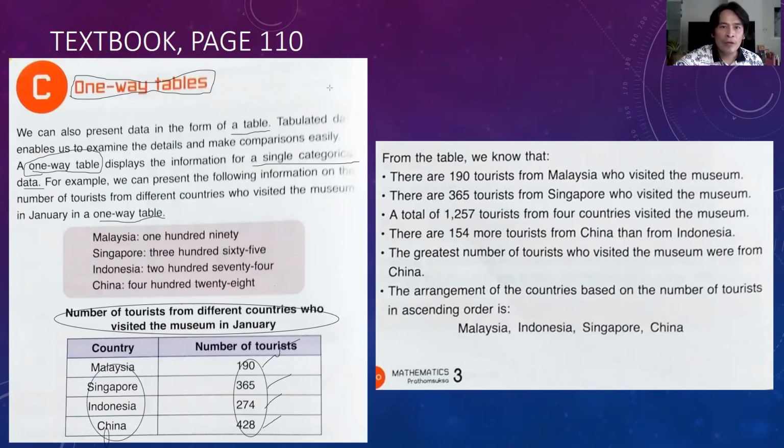So if I ask you to make a table, I'm going to see the title, 1 point, the description of the first column, another 1 point, the description of the second column, that's the third point, and of course, the details or the information, 1 point and 1 point. So in the test or in the quiz, you will get 5 points.